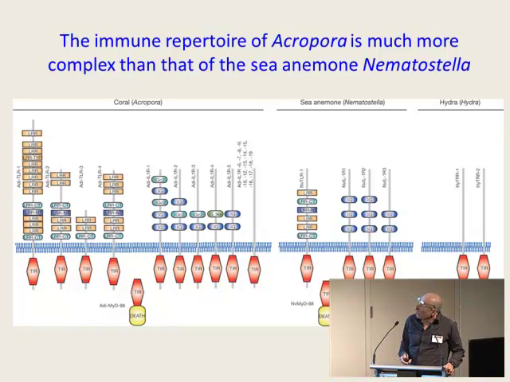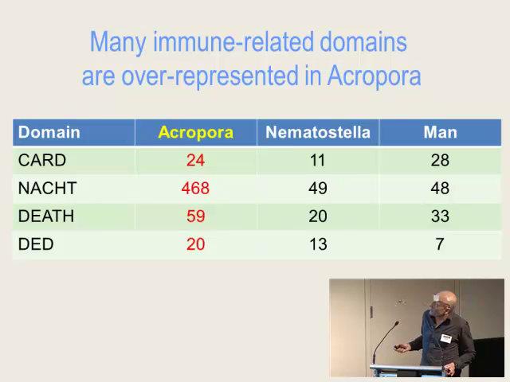The same kind of thing holds for pretty much every domain that's associated with innate immunity in higher animals, so there are many more NACHT domains, as Sylvain told you. I hope the numbers are the same as the ones Sylvain had. But also these domains which are implicated in apoptosis and other aspects of immunity are also overrepresented in coral relative to sea anemones.